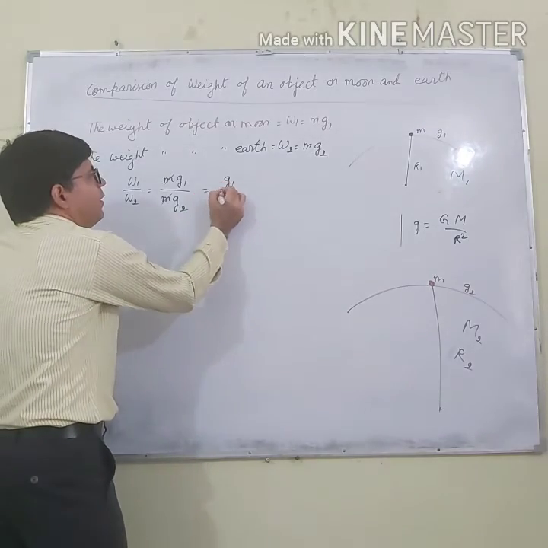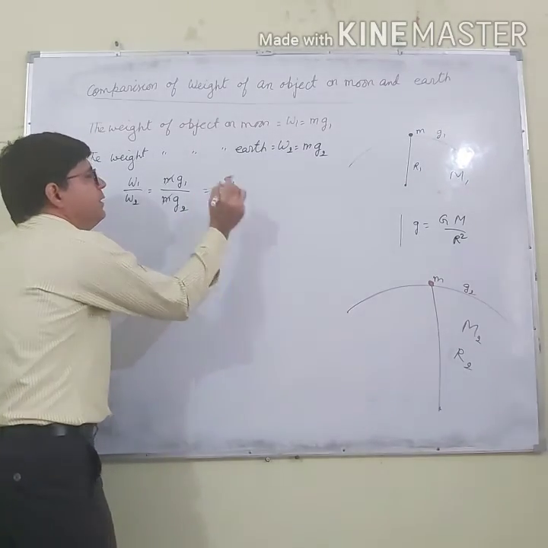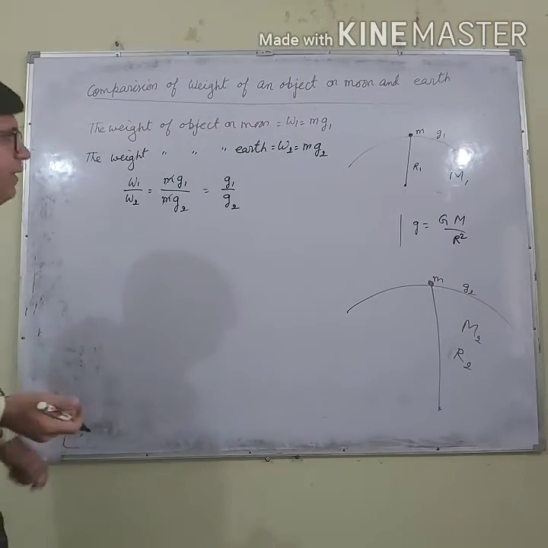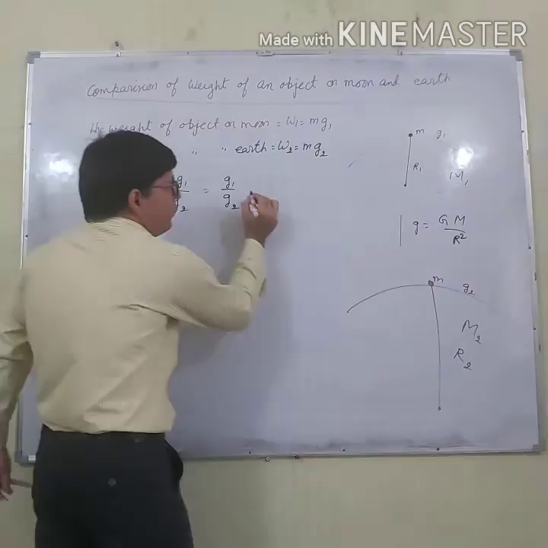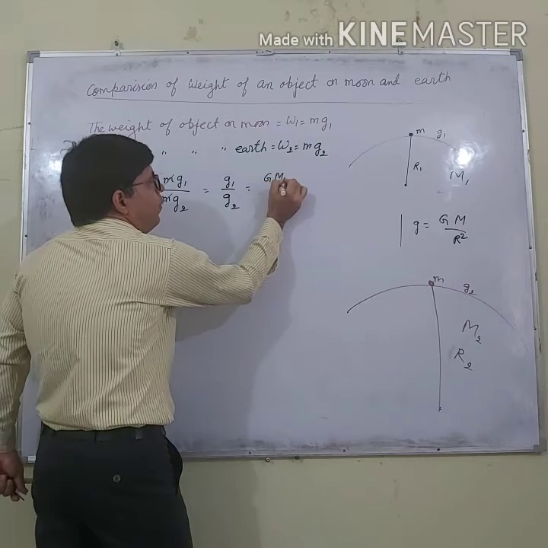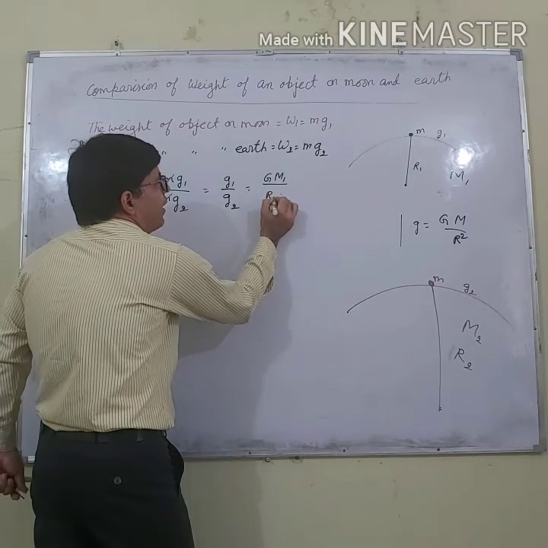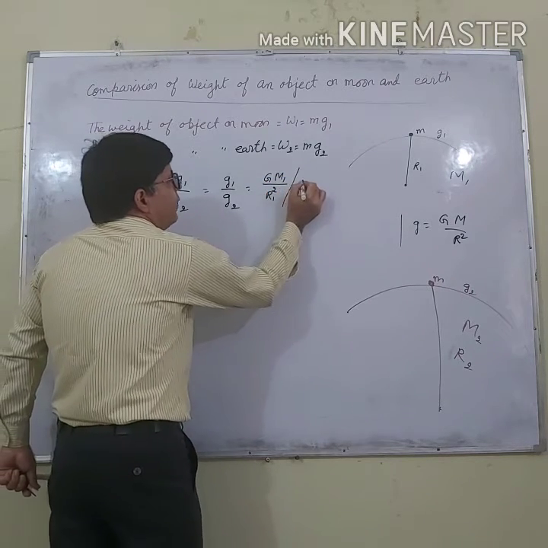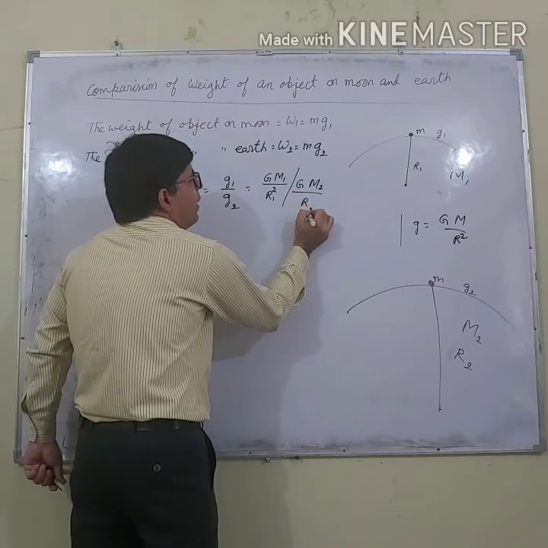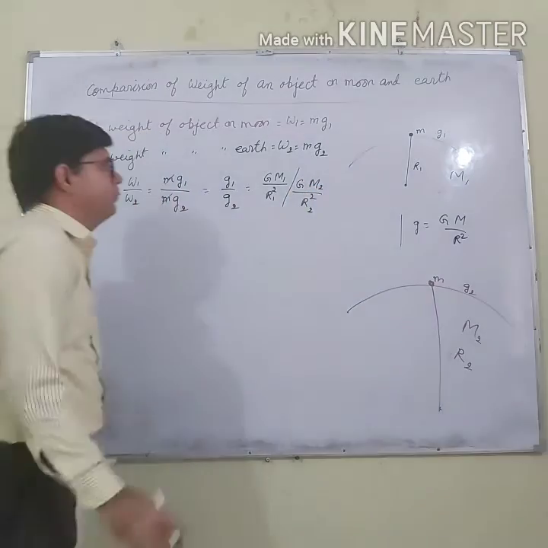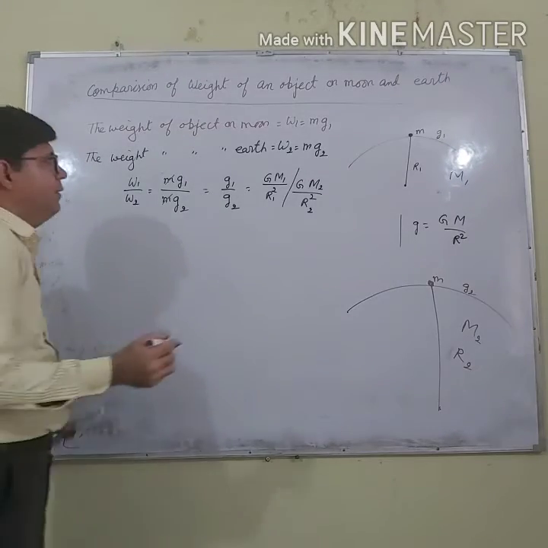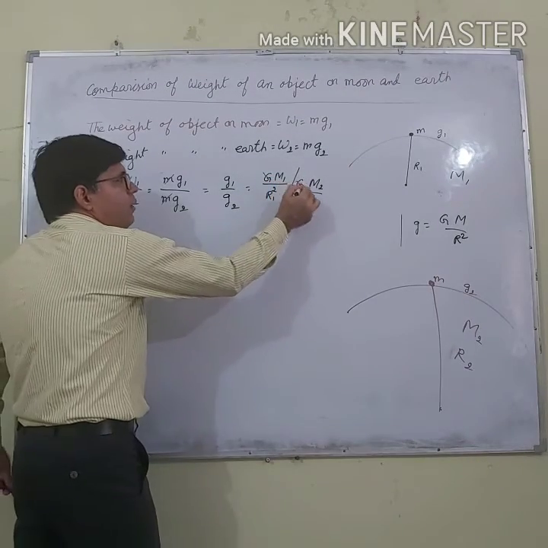So this is equal to g1 divided by g2. And what is the formula of the acceleration due to gravity? GM by r square. For moon it will be G m1 upon r1 square divided by G m2 upon r2 square. Right? So what will happen? This G is also cancelled.